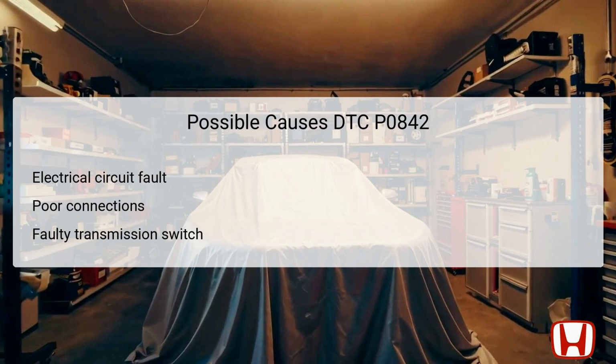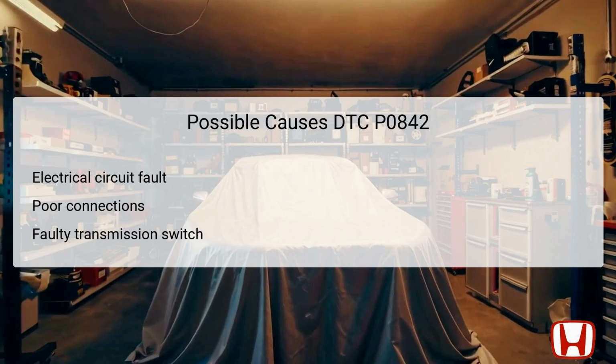Another significant factor can be poor connections, often arising from loose or corroded terminals between the switch and the PCM. In addition to these electrical concerns, a faulty transmission fluid pressure switch itself can lead to erroneous readings that trigger the code.